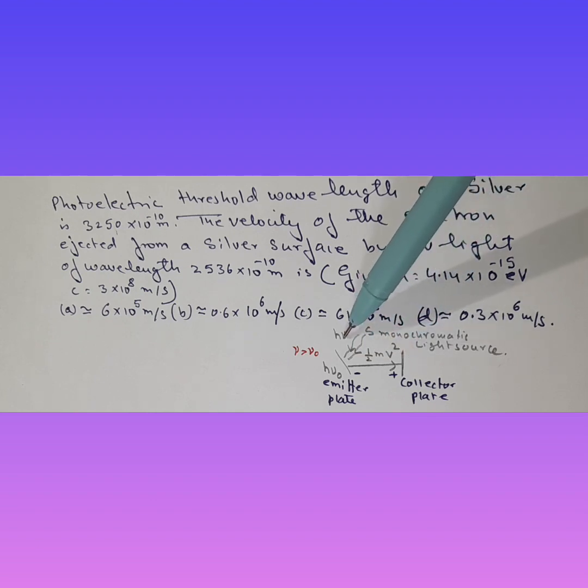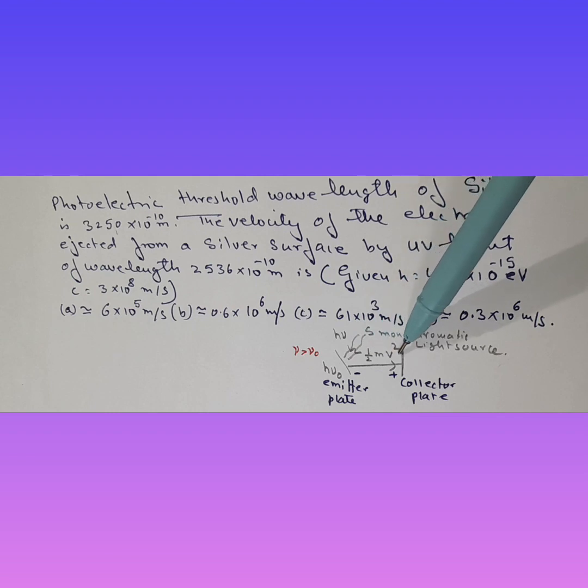So h nu, the energy provided by the monochromatic source, was utilized for stripping the electron, and the energy required for stripping the electron was h nu 0, nu 0 being the threshold frequency of the emitter plate, and whatever energy was left was utilized for kinetic energy.